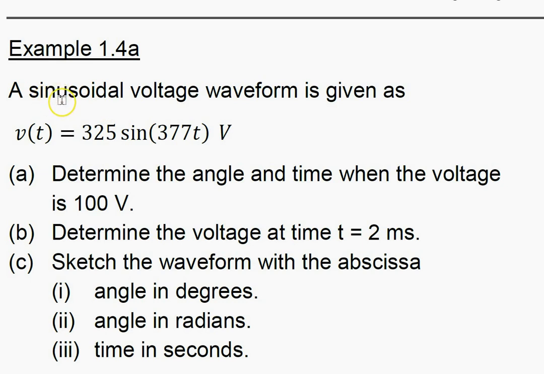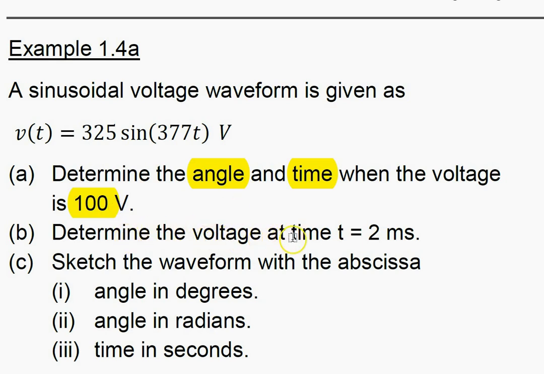This example reads: a sinusoidal voltage waveform is given as follows. V(t) is 325 sin(377t) volts. What we want to do is to determine the angle and the time when the voltage reaches 100 volts.